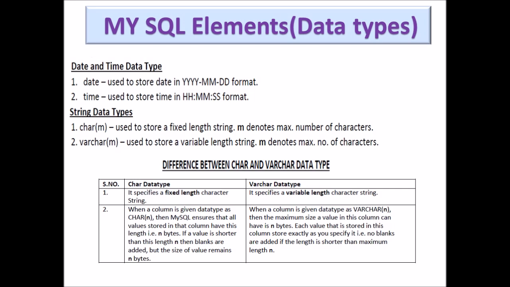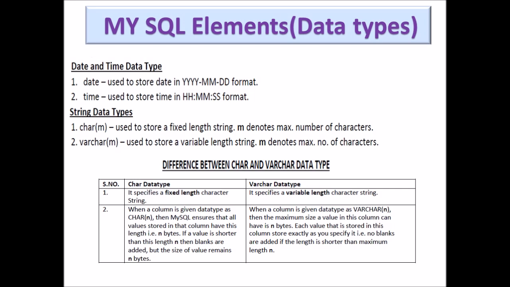The second point is, when a column is given the data type char, MySQL ensures that all the values stored in that column have this length, that is n bytes. If a value is shorter than this length, blanks are added, so the size remains n bytes.